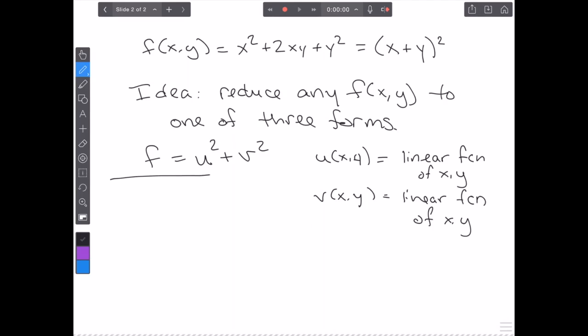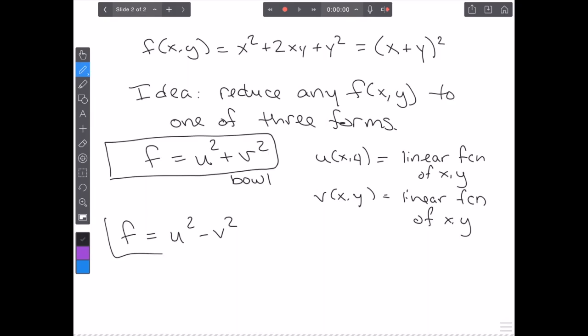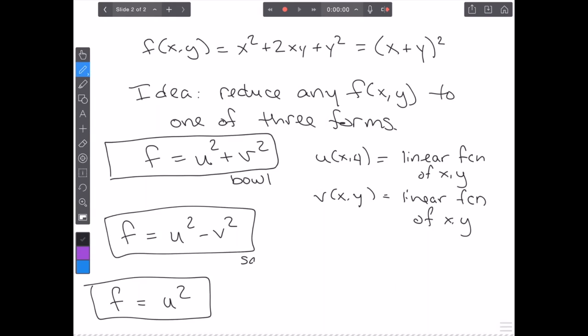So we have the first, f equals u squared plus v squared. Anything that I can write in this form is going to turn out to be a bowl. Anything that I can write in the form u squared minus v squared is a saddle. And then the last type, f equal to u squared. If I can write it as just something squared, this is what we have for a canyon. And these are our three fundamental shapes.